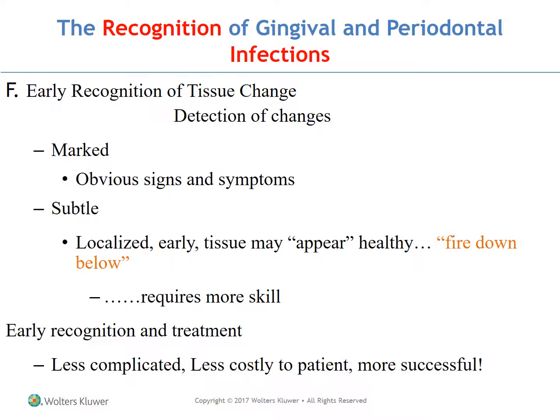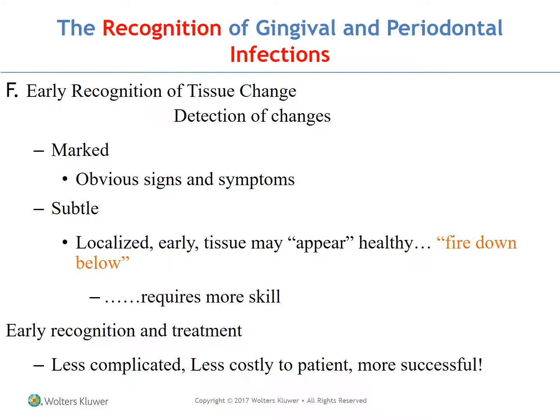There is a battle being fought there. And so it requires more skill to notice those problem areas than it does the really marked, obvious signs. So early recognition and treatment is less complicated, less costly to the patient, and also more successful, which is what we all want, right?